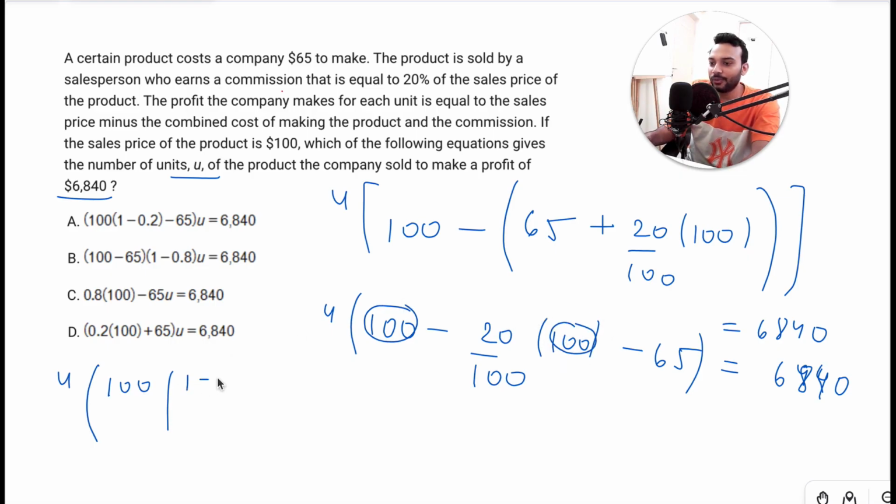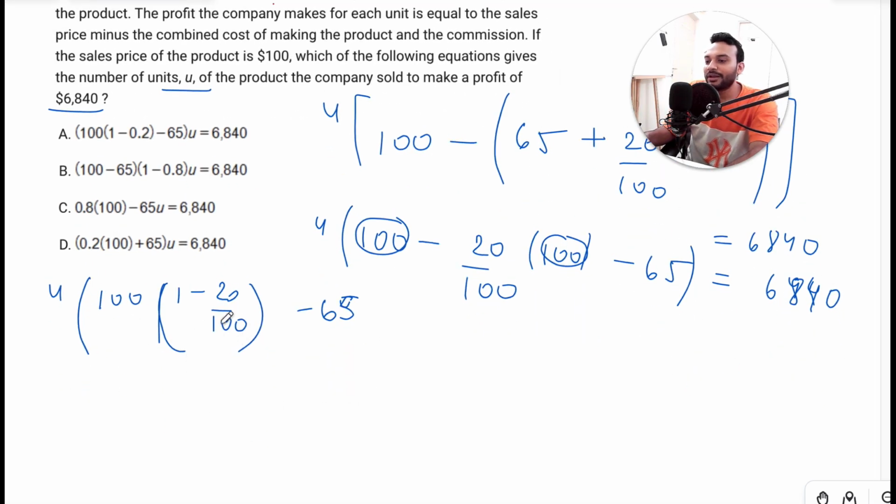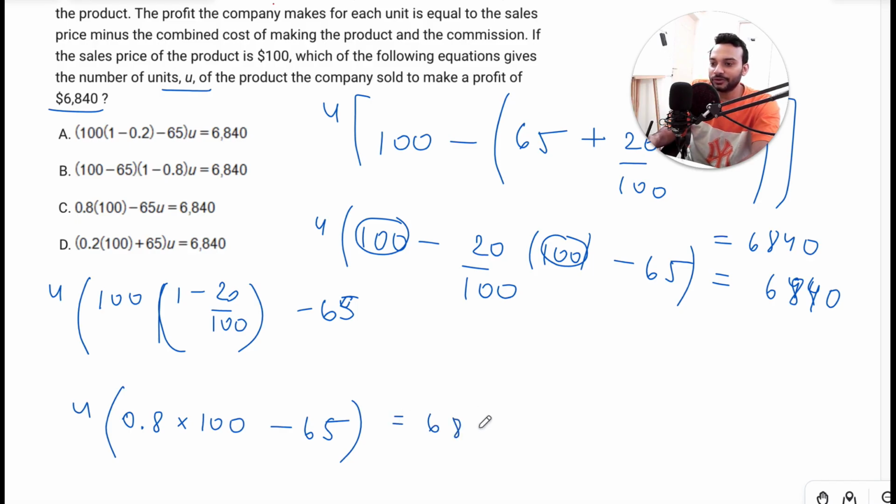So you have 1 minus 20 over 100 left, and then minus 65. Let's solve this further. So 1 minus 20 over 100 is 1 minus 0.2 or 0.8. So 0.8 times 100 minus 65, whole thing multiplied by U is equal to 6840.